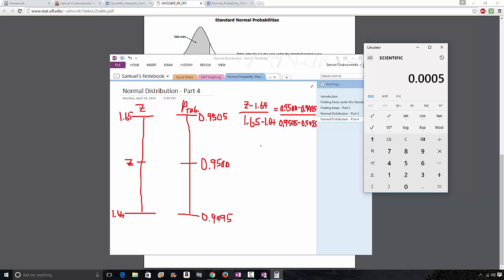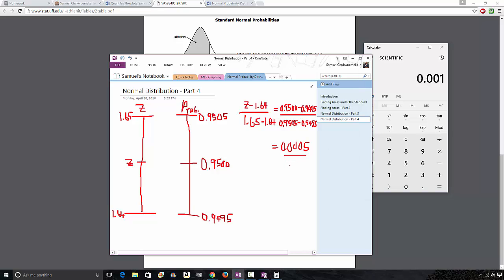You might want to write it down somewhere. Then 0.9505 minus 0.9495 is 0.001.